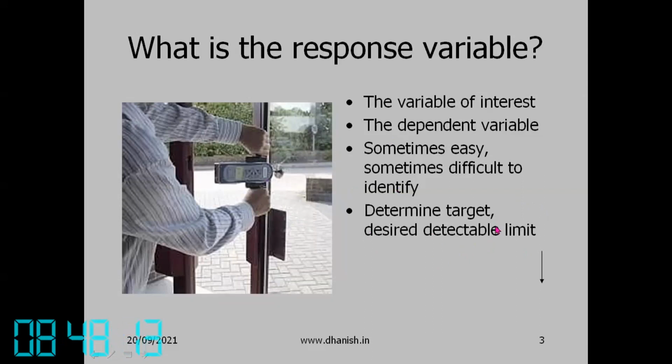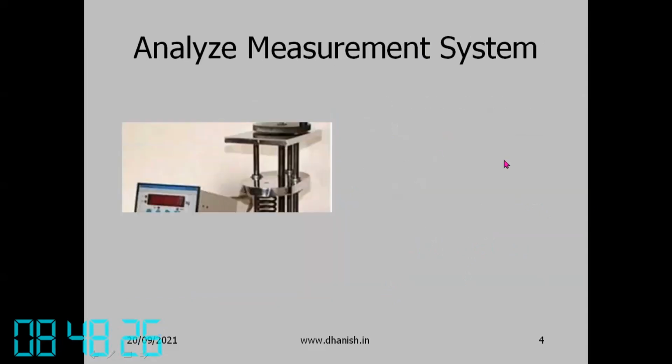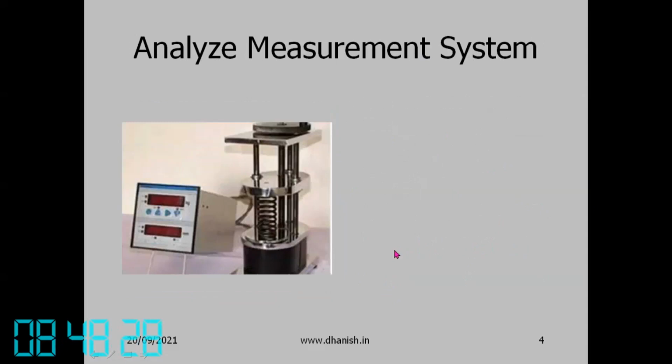Then determine target. So how much of a result you have to measure, that you have to identify. Then desired detectable limit. So what is the smallest effect that you would like to detect? Then analyze measurement system. So in the lab next cycle, we have an experiment. There I'll explain how measurement system analysis is done.